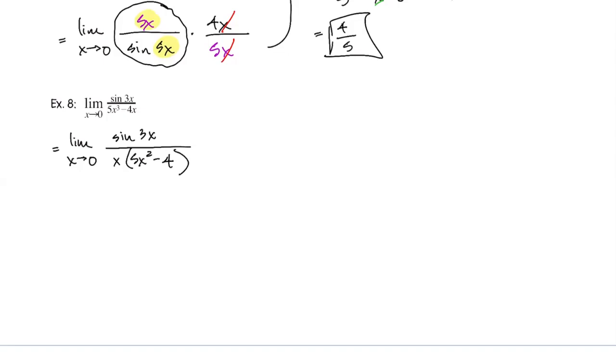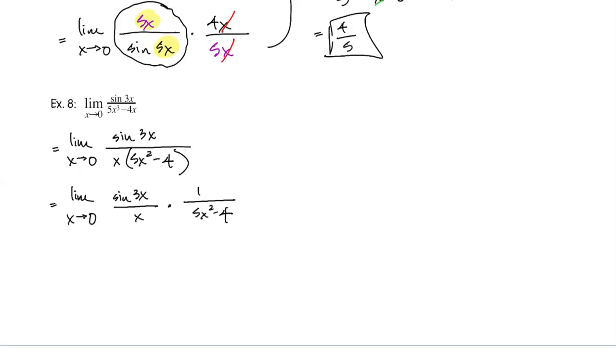I think that's a good first step. Now, what might be really helpful here is what happens if we did this? Sine 3x over x times 1 over 5x squared minus 4.